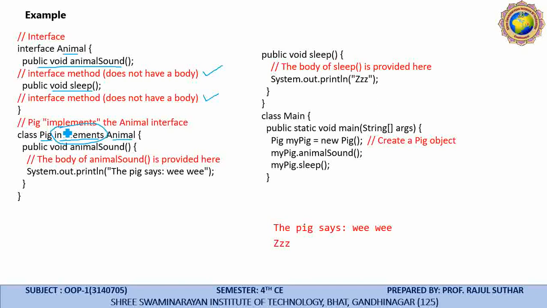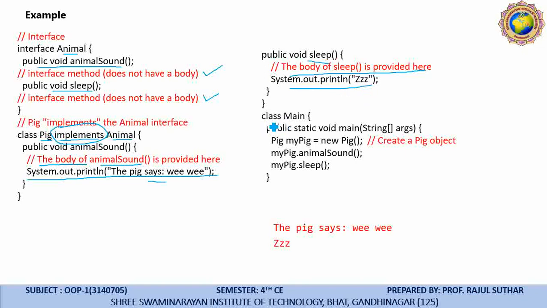Implements keyword, remember. Public void animalSound: this method is used because this is the body of this method. It's covered here. System.out.println, whatever you want to write here, the pig says whatever. Here you can write anything. Public void sleep method: here is the body of the sleep method, System.out.println, and you can write here.